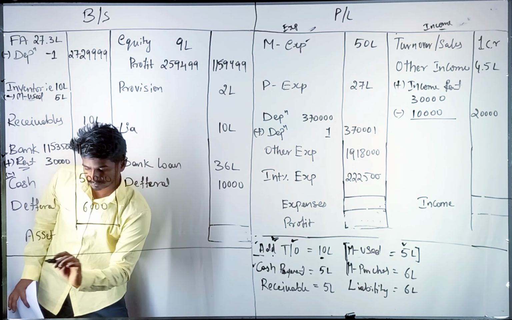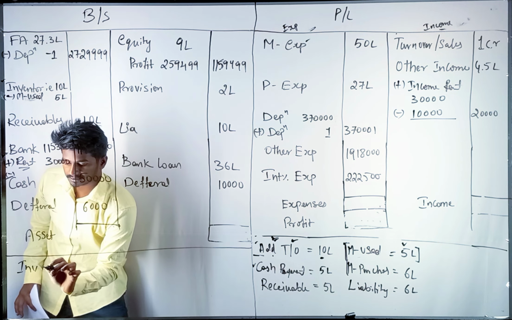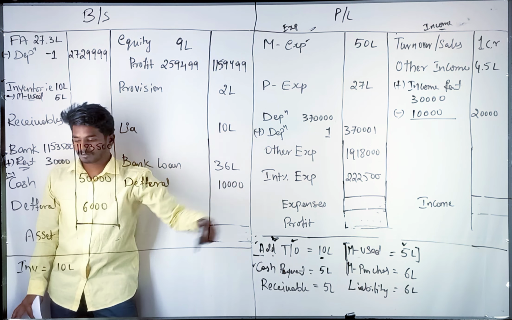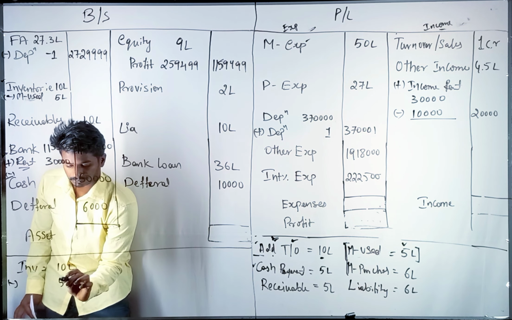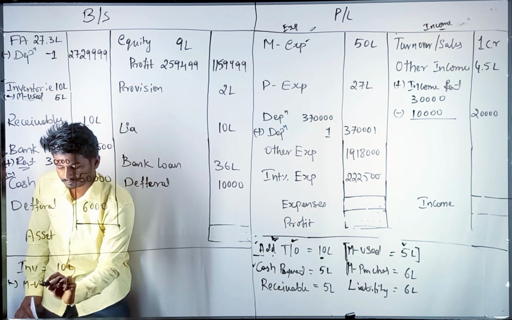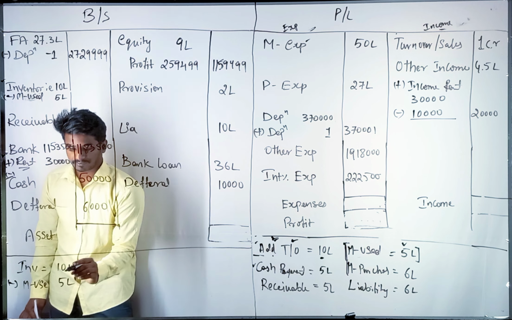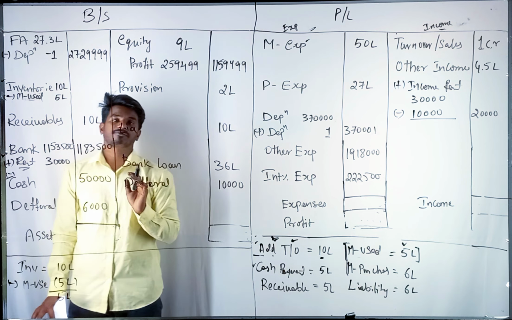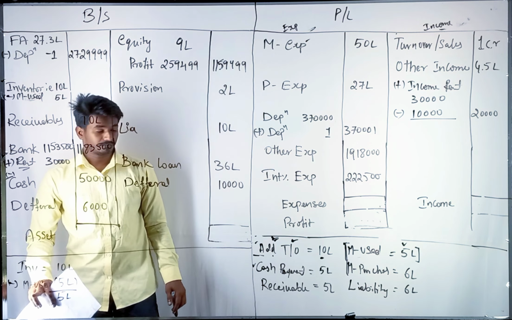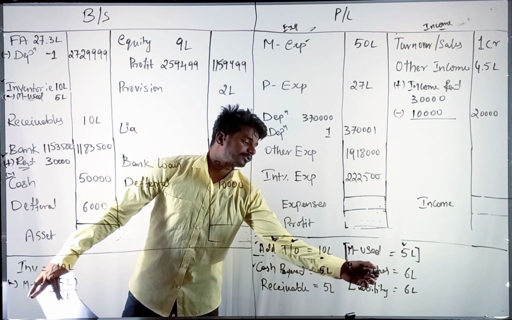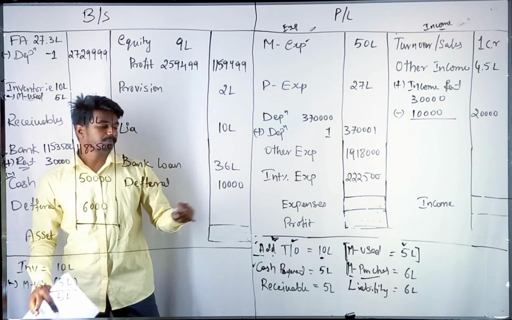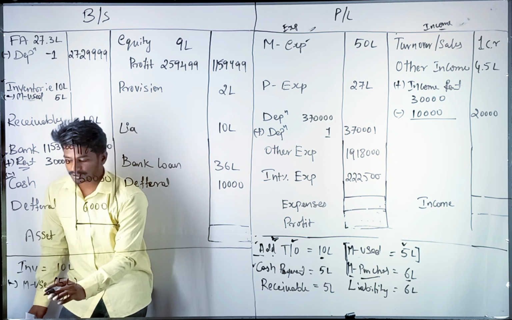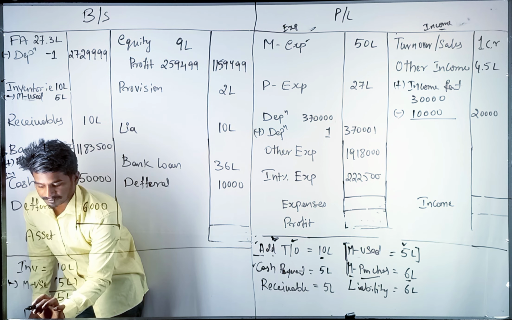Shall calculate. Inventory is 10 lakh rupees. Is that correct? From that we have used 5 lakh material use. 5 lakh rupees we have used. If we minus that, remaining inventory will be for 5 lakh. Then what we did? Material purchased. Again we have purchased material for 6 lakh rupees. Here we have used, then we have purchased.